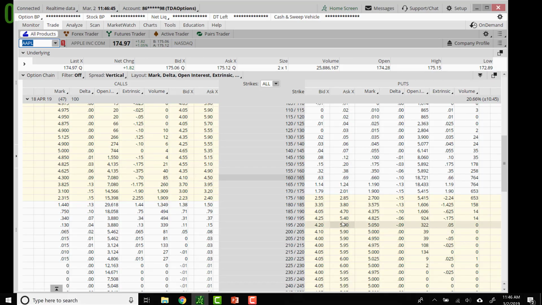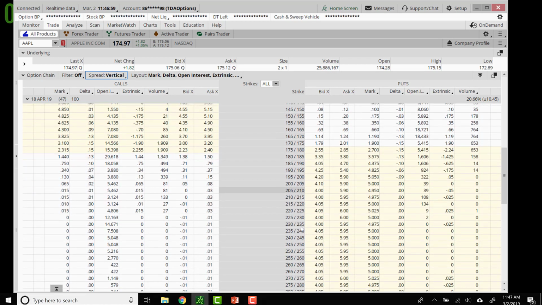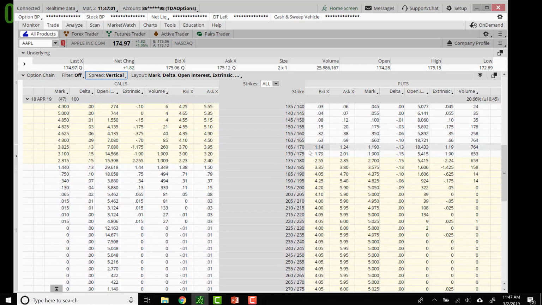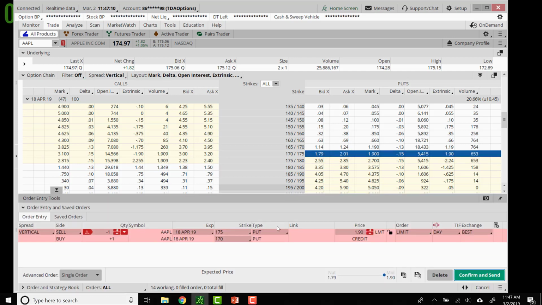Okay, so now we are on the Thinkorswim platform, and right now we're looking at Apple. So one way to go is to look at the vertical spread, and let's say we want to set up a 175 and 170 put spread. So I'm going to sell this.